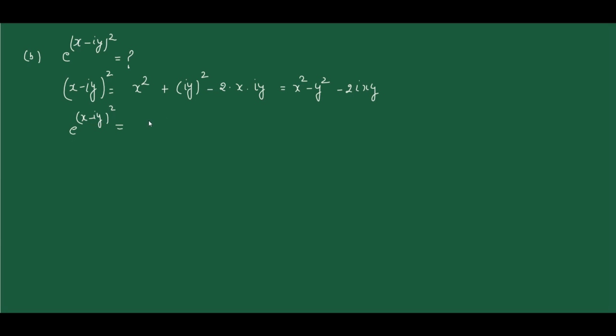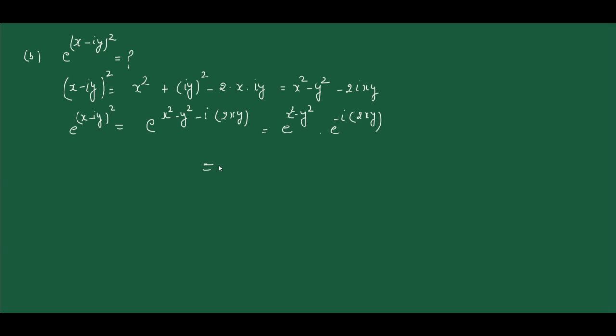The square is equal to e raised to power (x square minus y square minus iota 2xy). So you can write this as e raised to power (x square minus y square) into e raised to power minus iota 2xy.